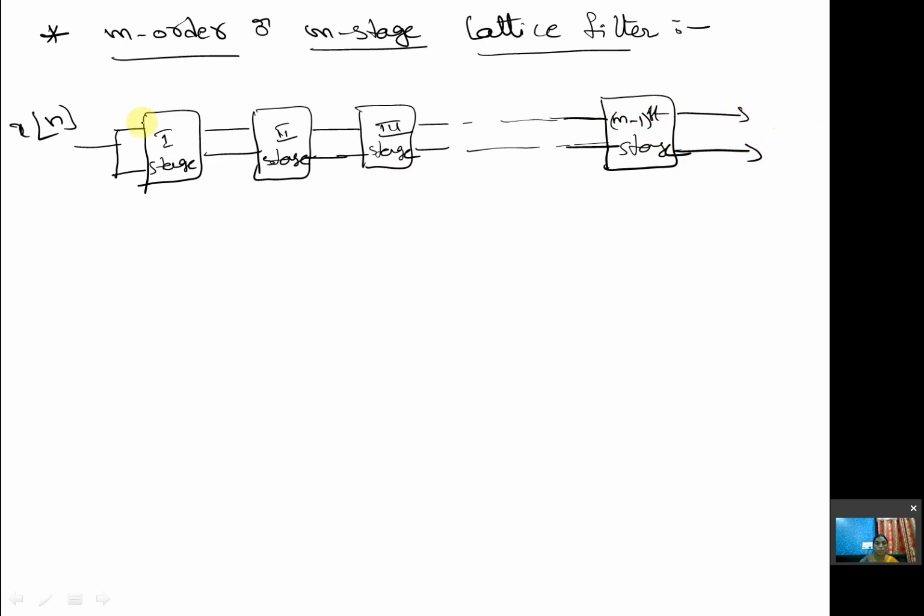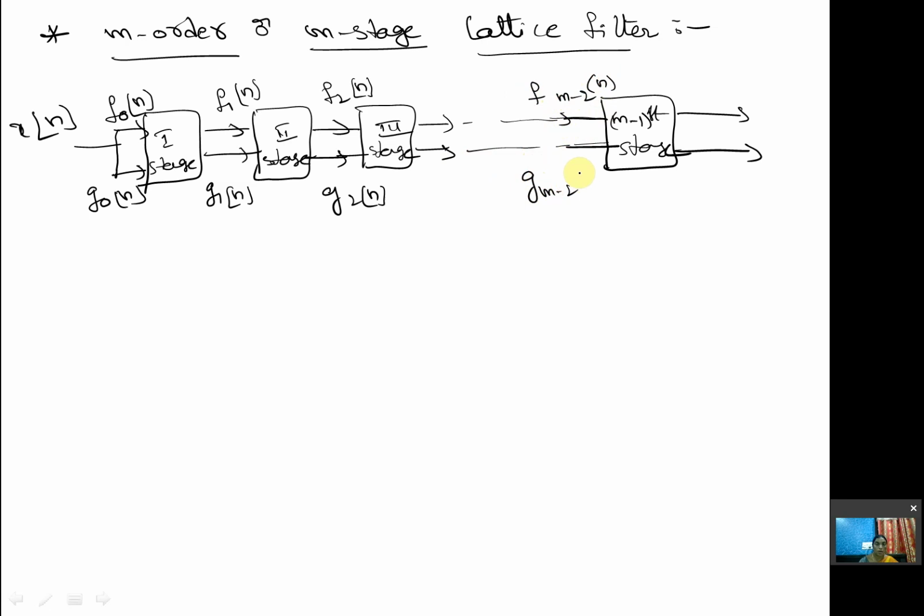Okay, so here f0 of n, g0 of n, here f1 of n, g1 of n, here f2 of n, g2 of n, and here is f m minus 2 of n, g m minus 2 of n, here f m minus 1, capital M minus 1, that means a small m, okay, small m of n.